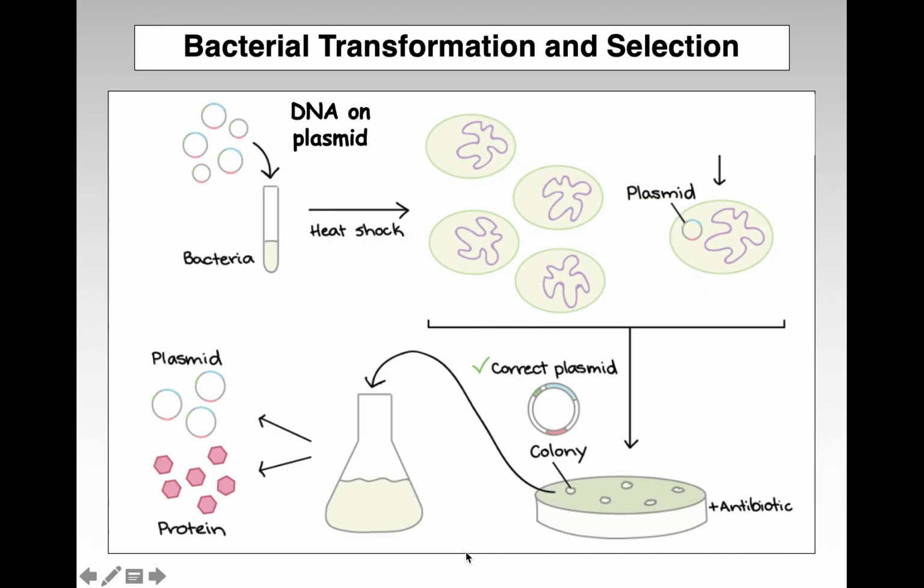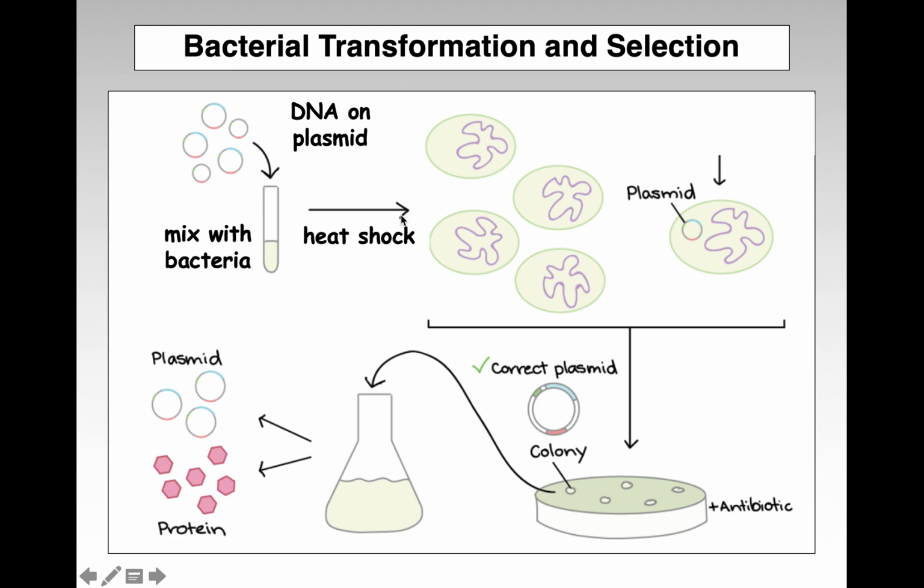So here's a really quick example of this. We have DNA on a plasmid. We're going to mix that. So this is for bacterial transformation, which is what we did in lab. Right? So we have our target DNA that is on a plasmid, and we are going to put that in with bacteria.